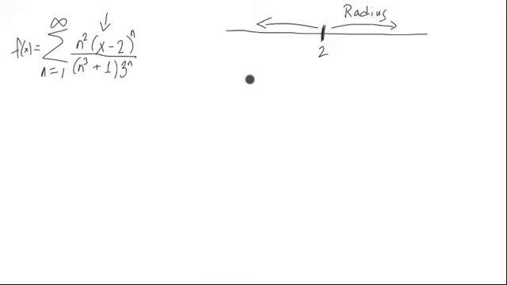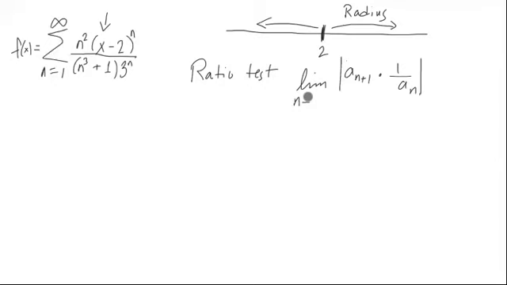Okay, so in order to do this, we're going to use the ratio test, which compares what we have here to a geometric type series. So the ratio test states that we can take the limit of a sub n plus 1 times 1 over a sub n, absolute value, as n goes to infinity.